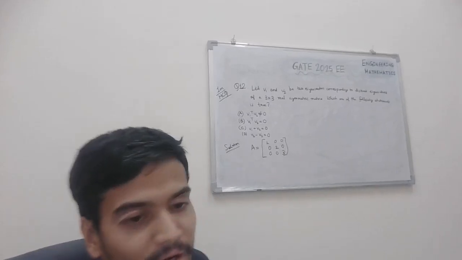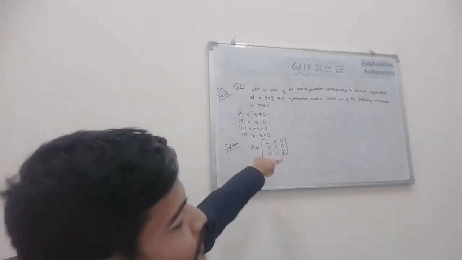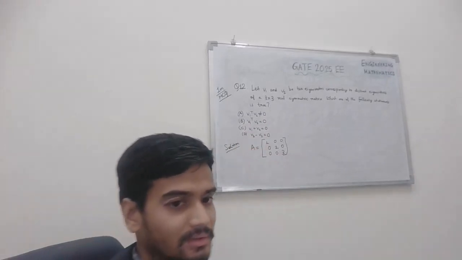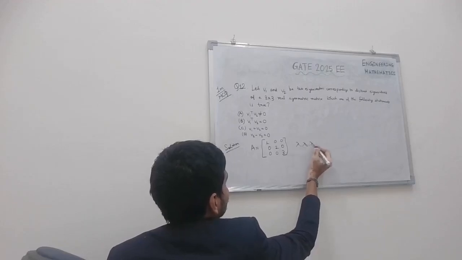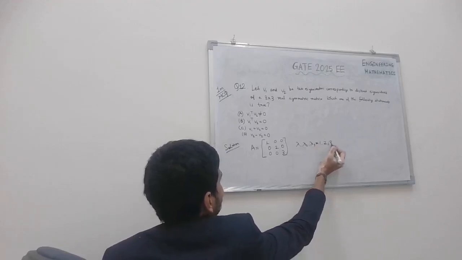Now, we know for a diagonal matrix the diagonal elements are the eigenvalues: lambda 1, lambda 2, lambda 3, not necessarily in order.